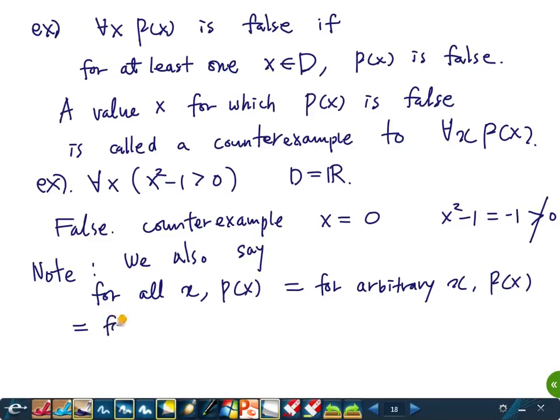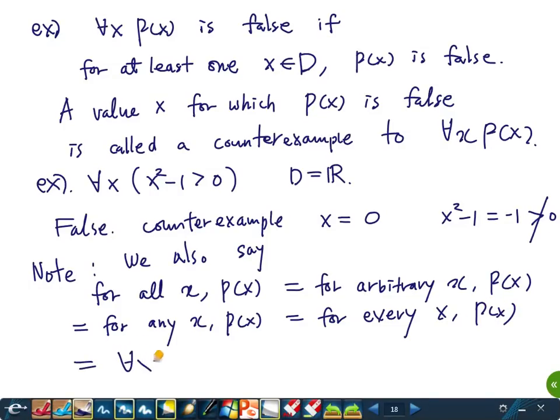For any x, p of x, or for every x, they all mean the same thing, and they are all denoted using notation like this. If I say for all, arbitrary, any, or every, you should understand this as this.